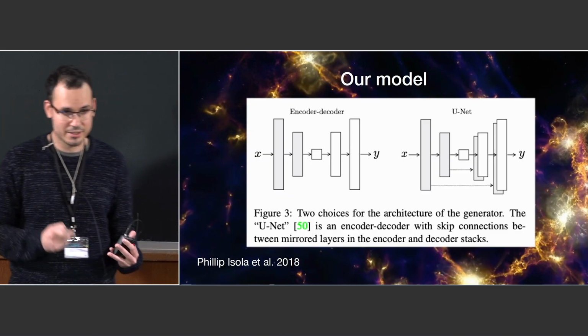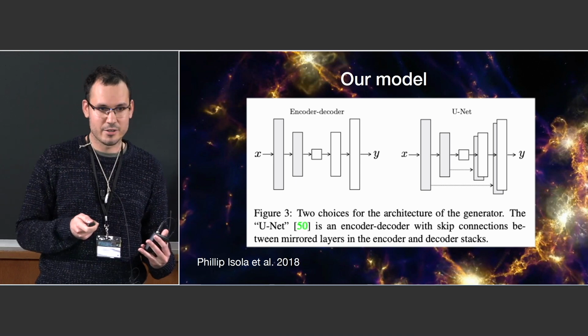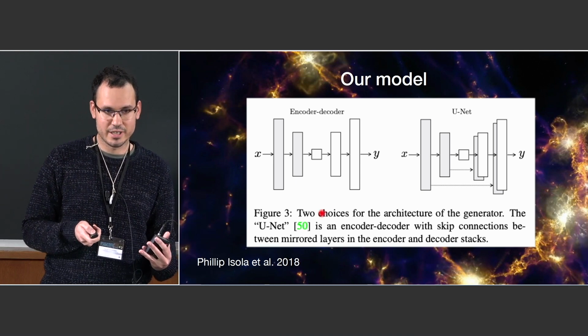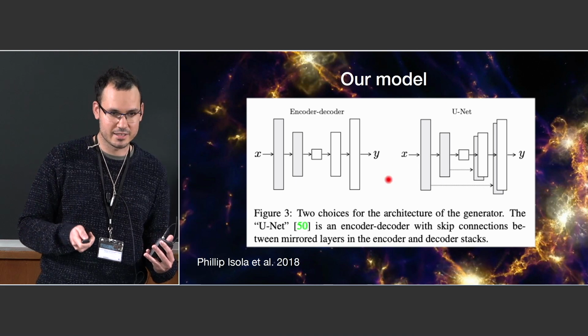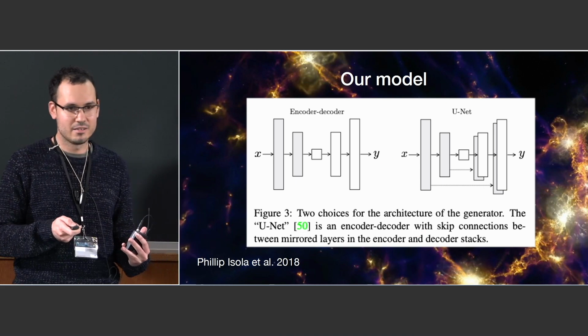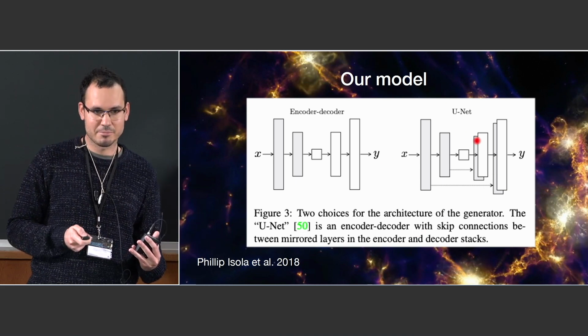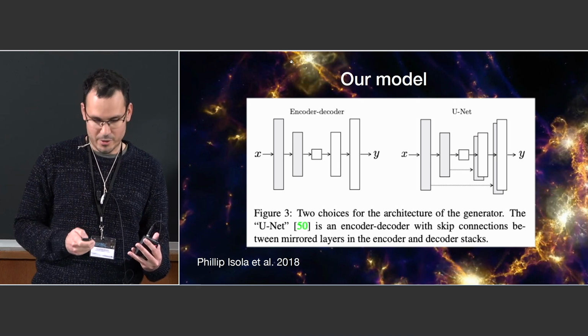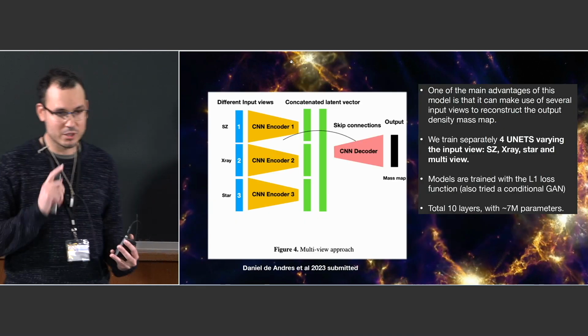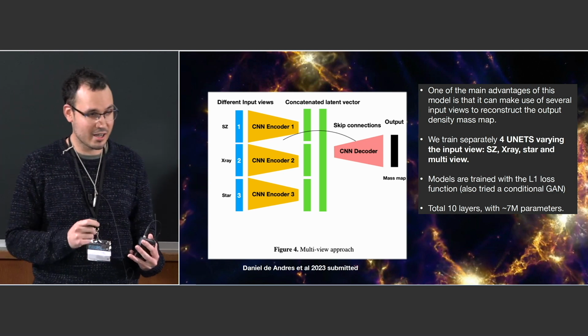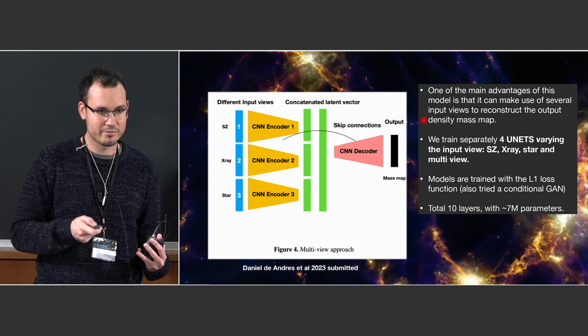In the same work, for the generator they use the U-Net architecture. The U-Net architecture is based on the encoder-decoder, but with skip connections. You probably know that, so I'm going to skip it. The most important feature of our model is how we handle this multi-view input.